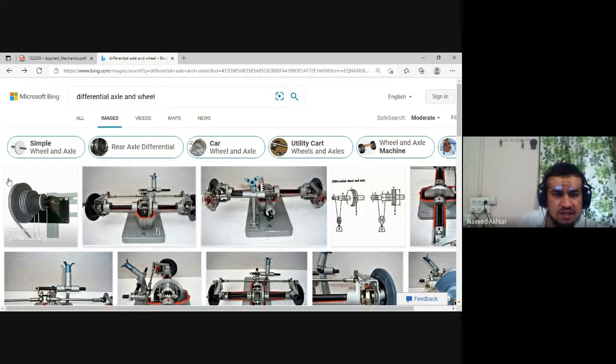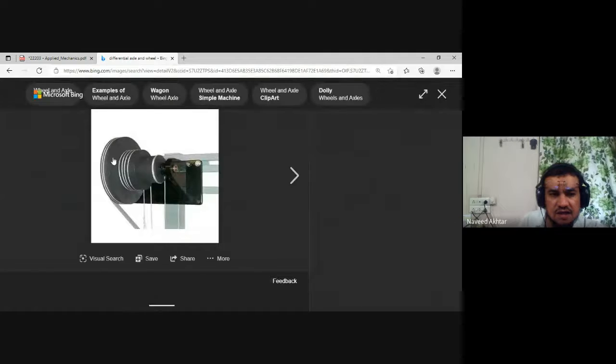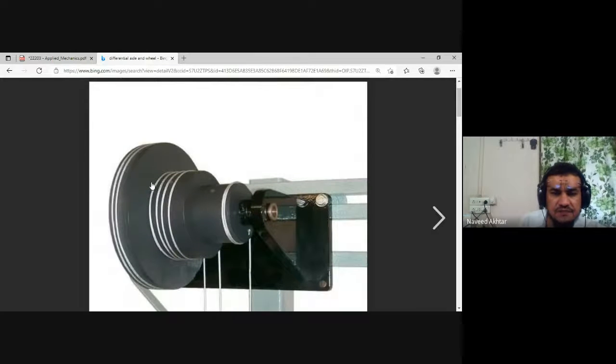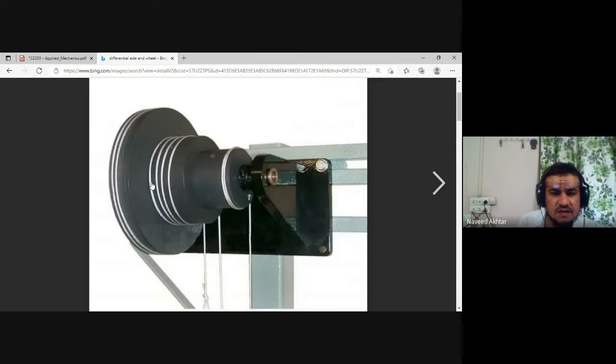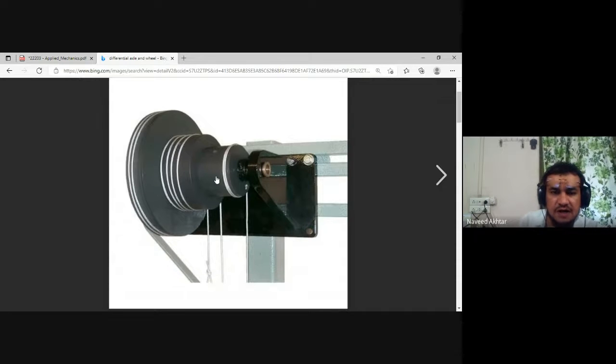You can see it very clearly in the photograph. Look at this picture carefully: the smaller drum and the large diameter drum, and then the wheel is attached with this. So this is nothing but your differential axle and wheel.